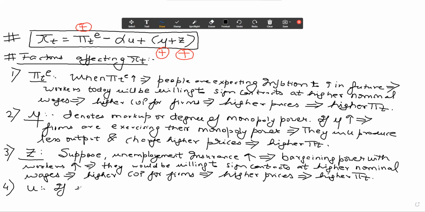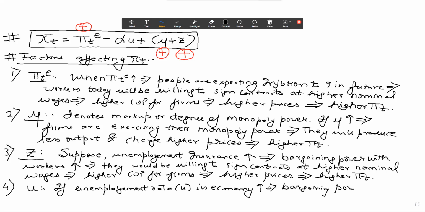So if the unemployment rate u in the economy goes up, bargaining power with the workers falls, which implies they would be settling for lower nominal wages.